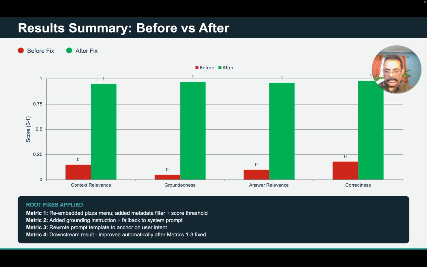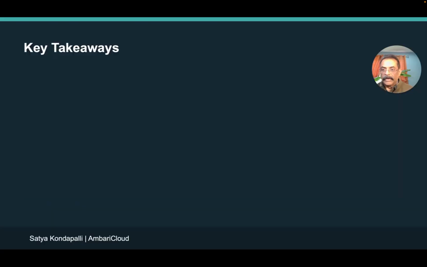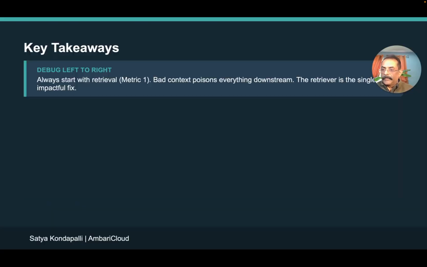So this is a continuous process. Okay, remember, LLMs are probabilistic, not deterministic, but we are trying to get more deterministic. The more prompts you test, and with this four-metric approach, you will have more success in your AI applications. Okay, so always start with retrieval, metric 1, which is more important because that's where we will see most of the issues.